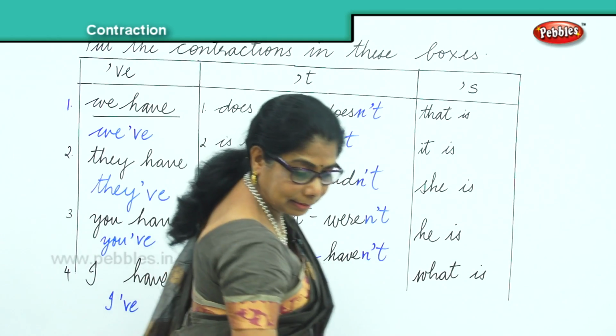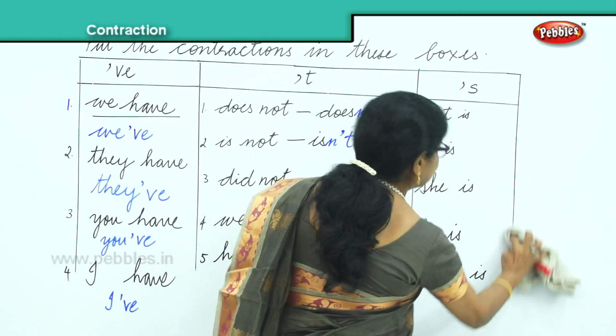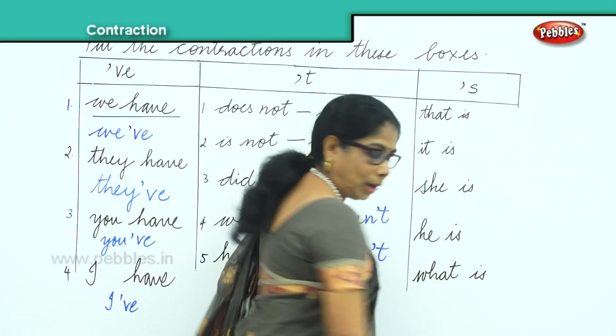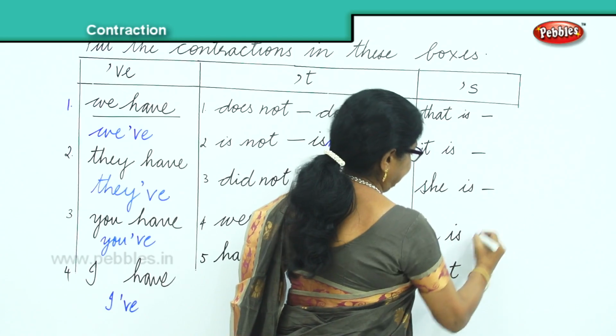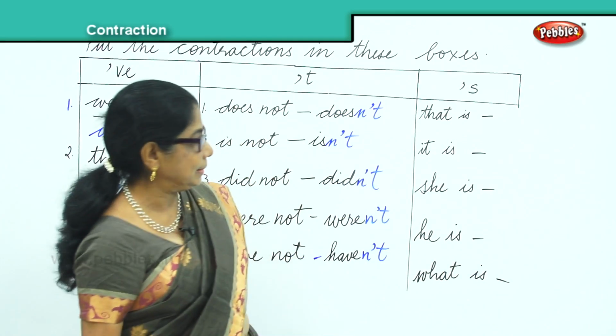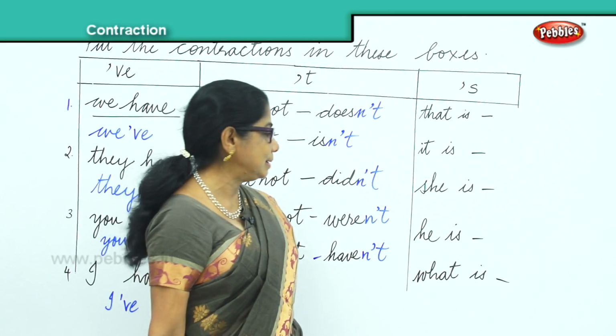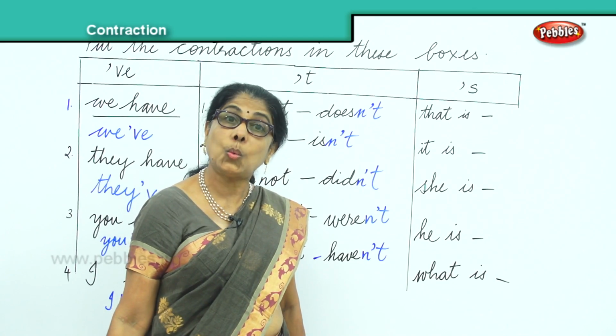Now, find the contractions for all of these. Let's see how good you are, okay? That is, it is, she is, he is, what is.